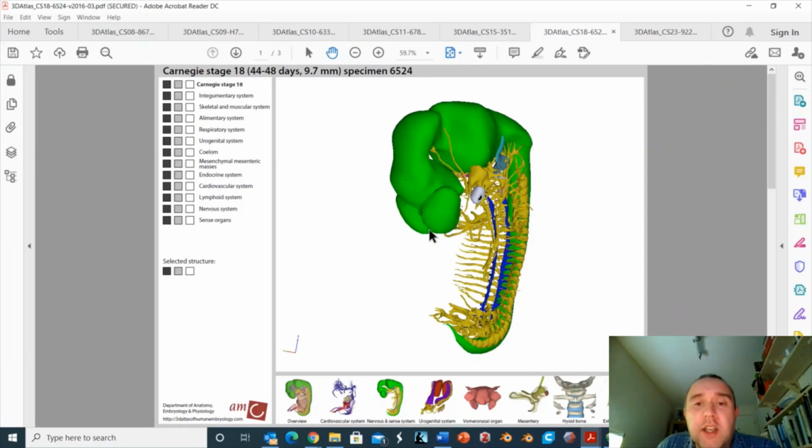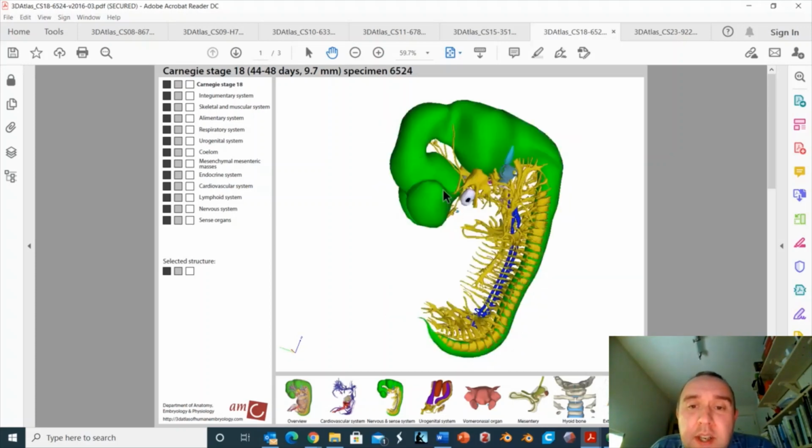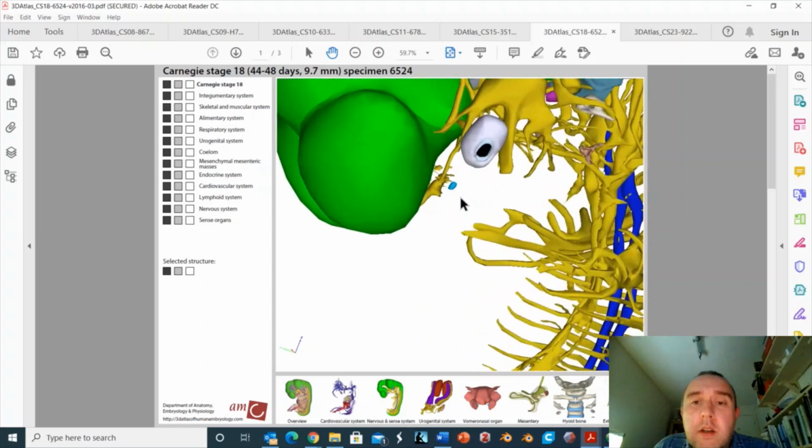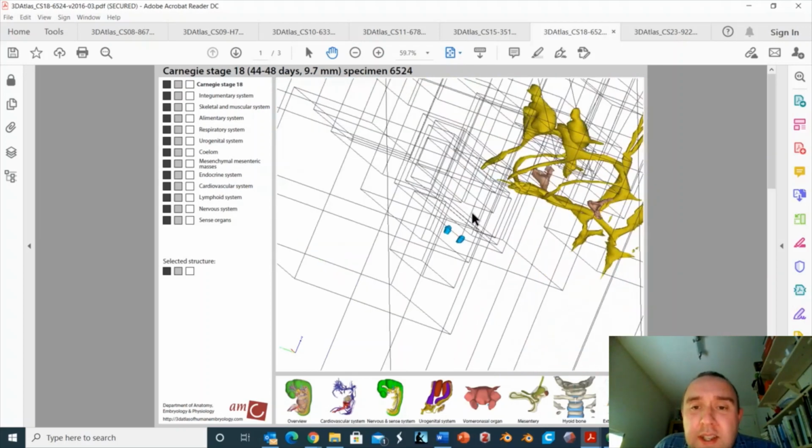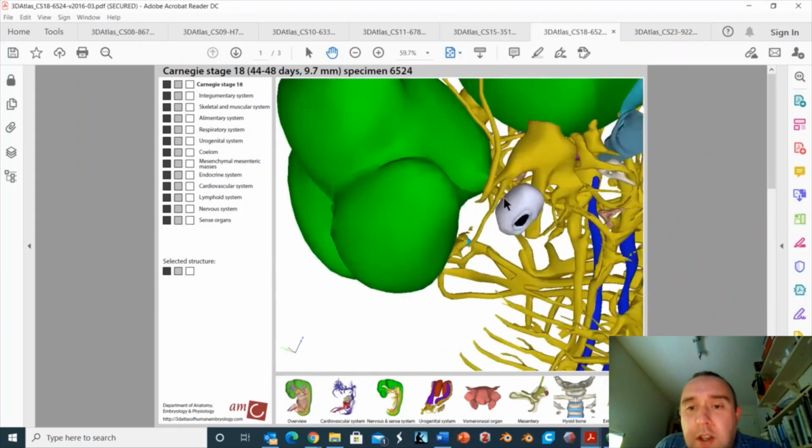Now, very nicely, you can see that the telencephalic outgrowths are forming structures that look very reminiscent of the cerebral hemispheres. We can appreciate that here we've got the diencephalon, and if I zoom in, you can actually see the optic nerve there growing out from the diencephalon to the eyeball.